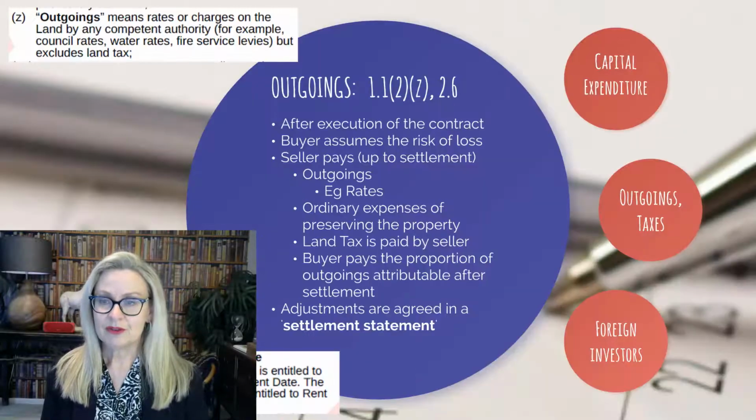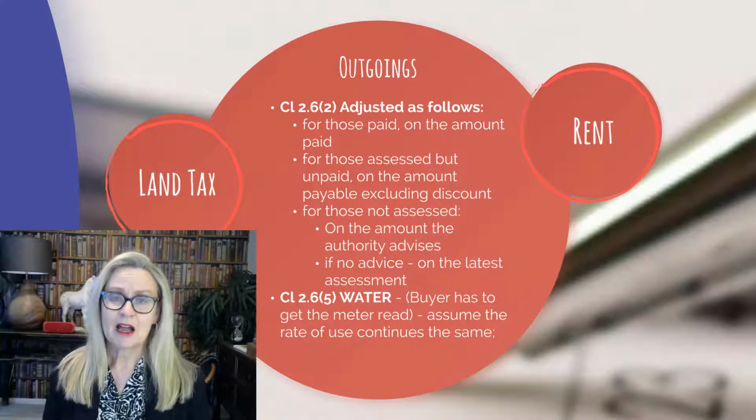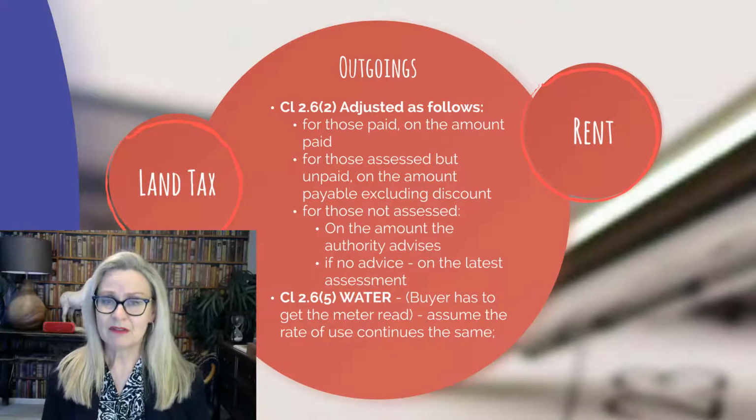In terms of the way that outgoings are apportioned or adjusted, clause 2.6 sub 2 deals with that. Eminently sensible, really, in terms of divvying up the amounts between the parties. If a bill has already been paid, then the apportionment will be calculated on the actual amount that has been paid by the seller.